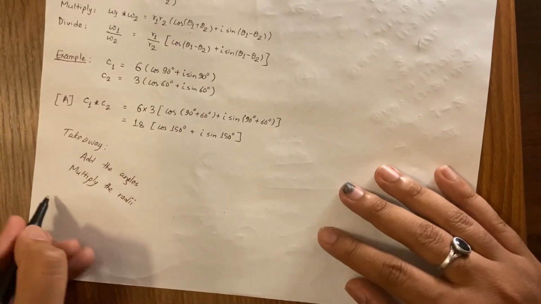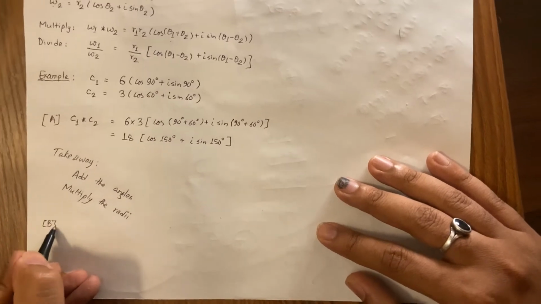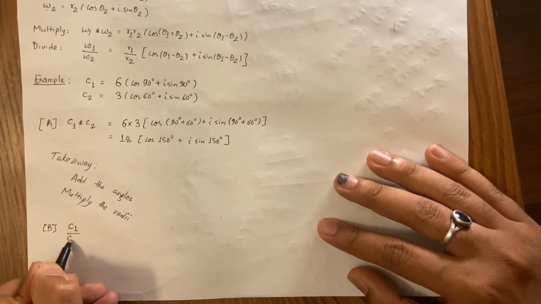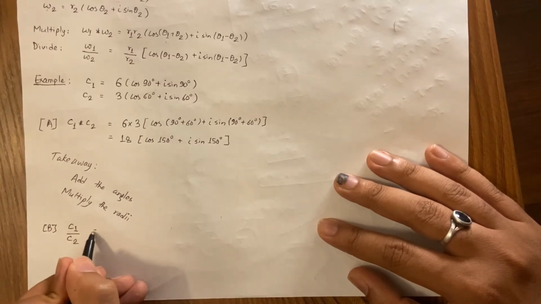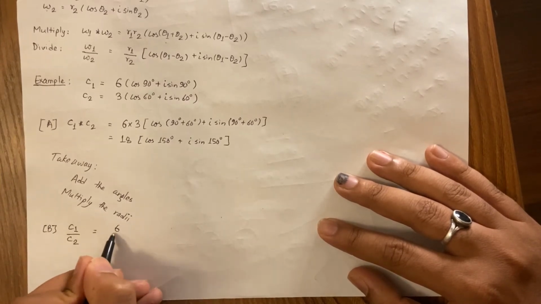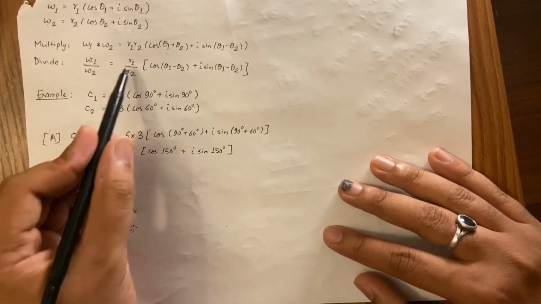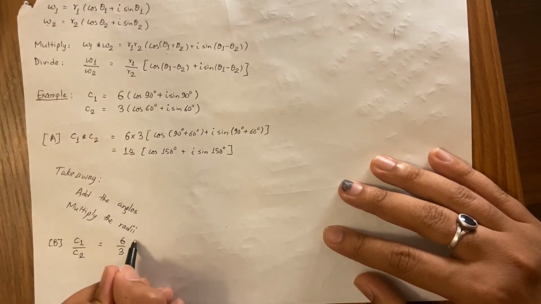Moving on to part B now, where we divide the complex number C1 over C2. What we do here, take the first radius over the second. We are basically following the pattern from here. 6 over 3.